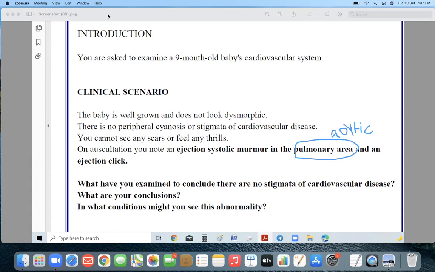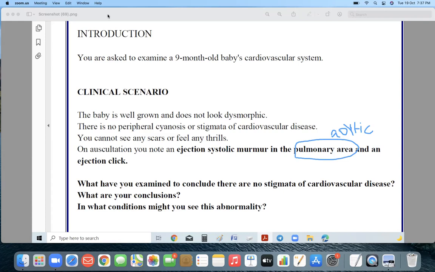There can be a thrill at the right upper sternal edge, the second intercostal space. Then there can be a carotid thrill and a suprasternal thrill. These are three areas: suprasternal, carotid, and over the aortic area. The aortic area is the upper right sternal edge, or second intercostal space.